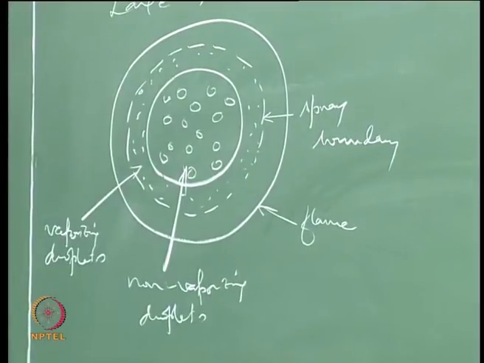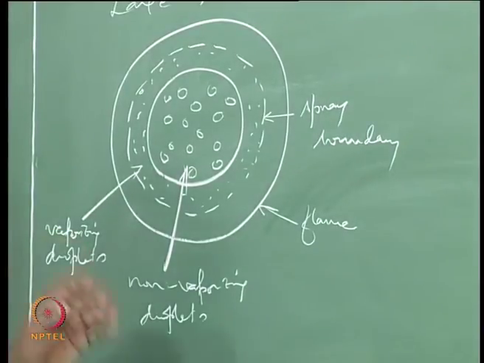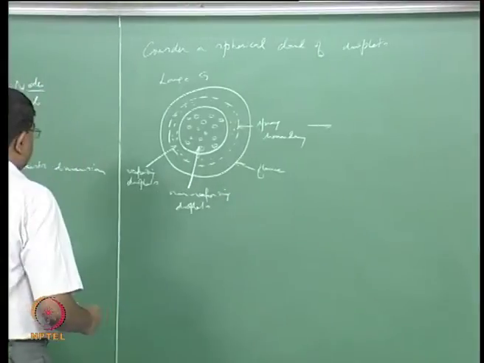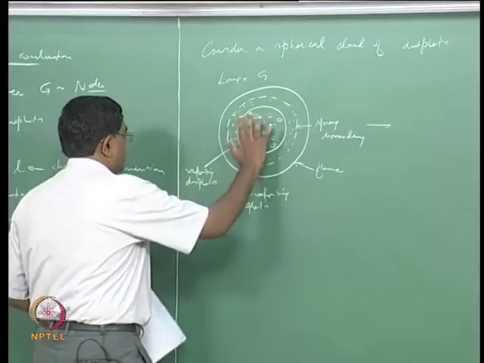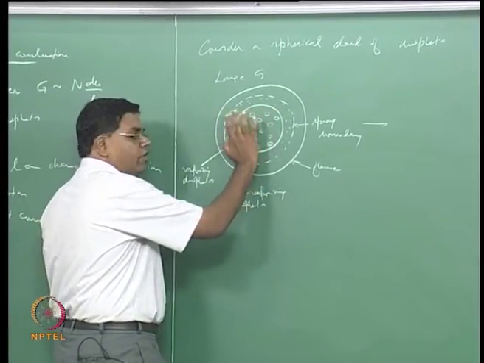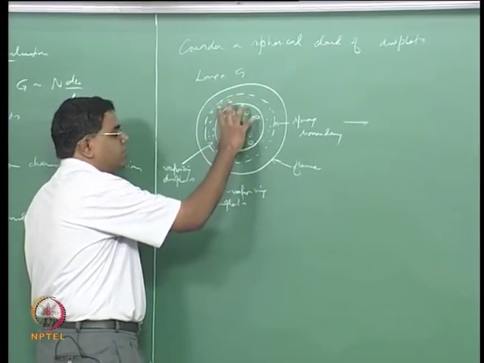Now as you decrease your G, as you go in this direction of decreasing G, the other possibility is you do not have a core of any non-vaporizing droplets. That means this diameter basically shrinks to 0.